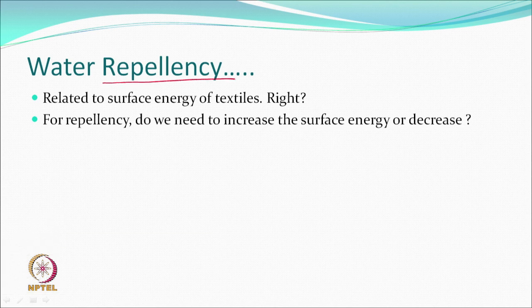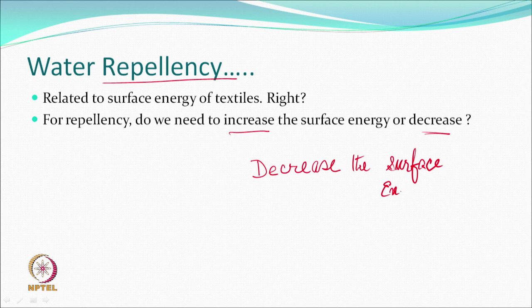Yeah, we should do all hard work to decrease. All right, that is what we should do.